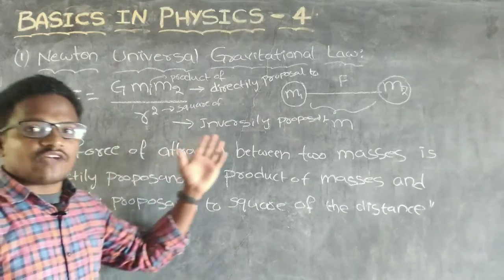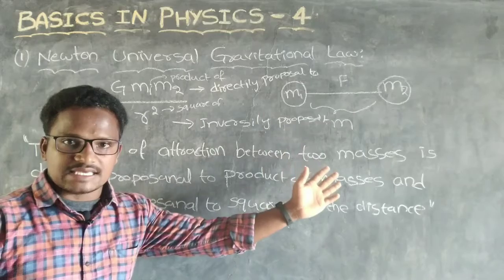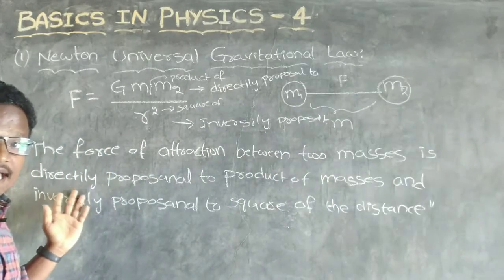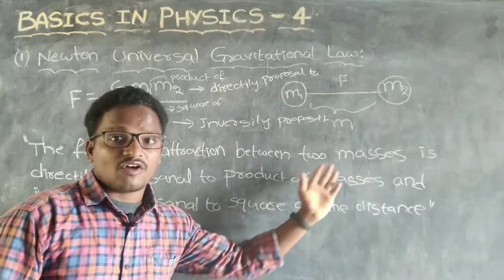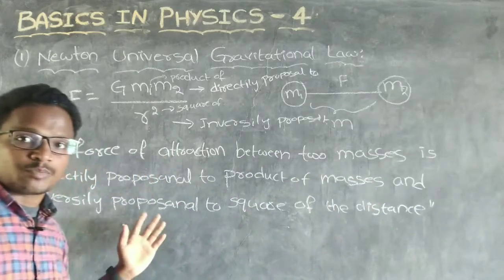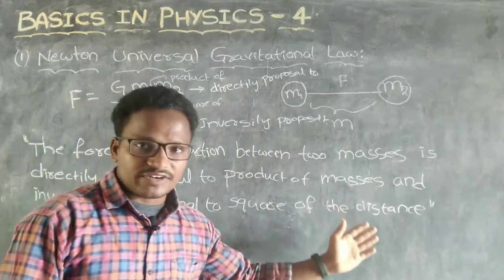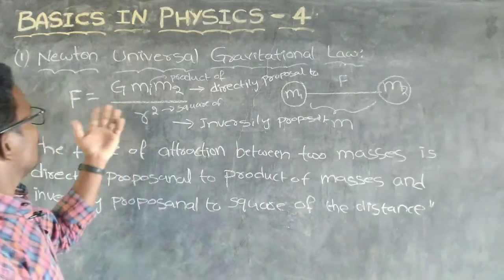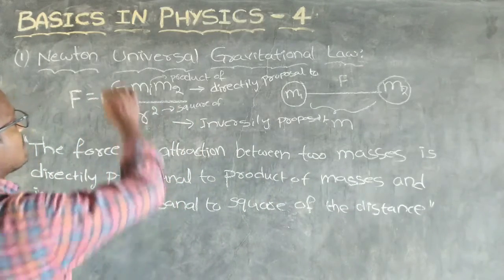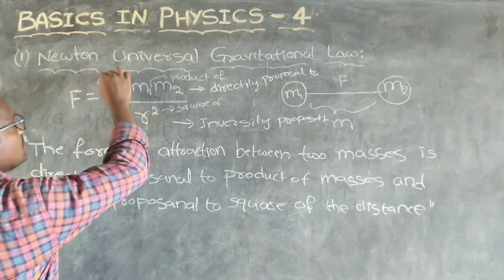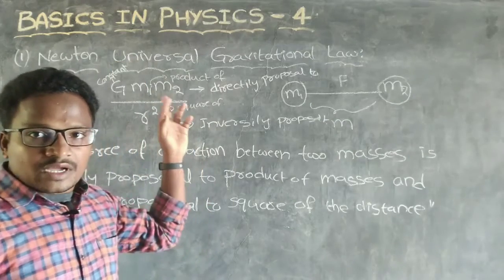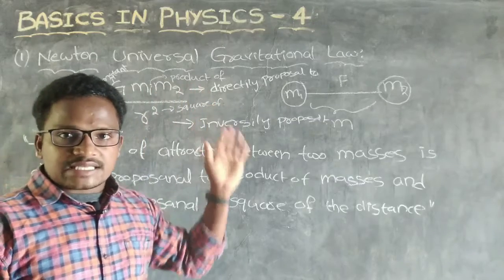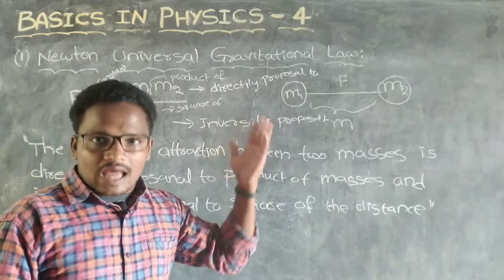So the force of attraction between two masses is directly proportional to product of masses and inversely proportional to square of distance. You understand? Here G means constant. This is the Newton universal gravitational law.